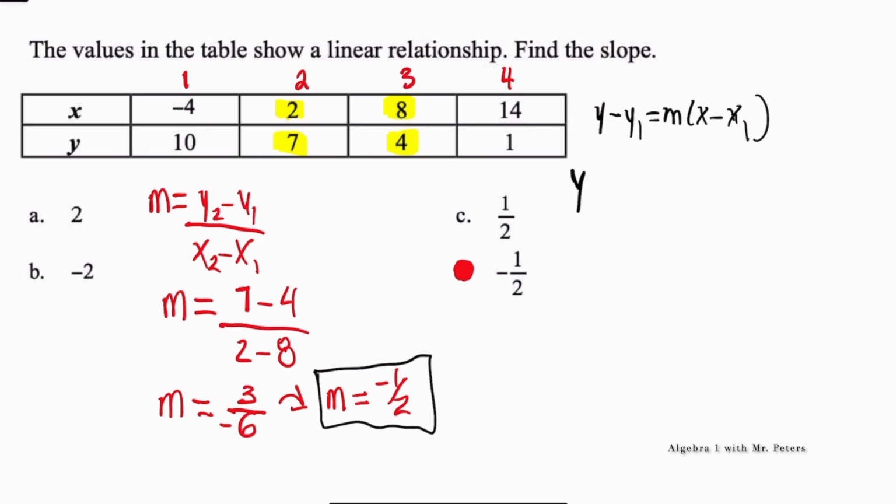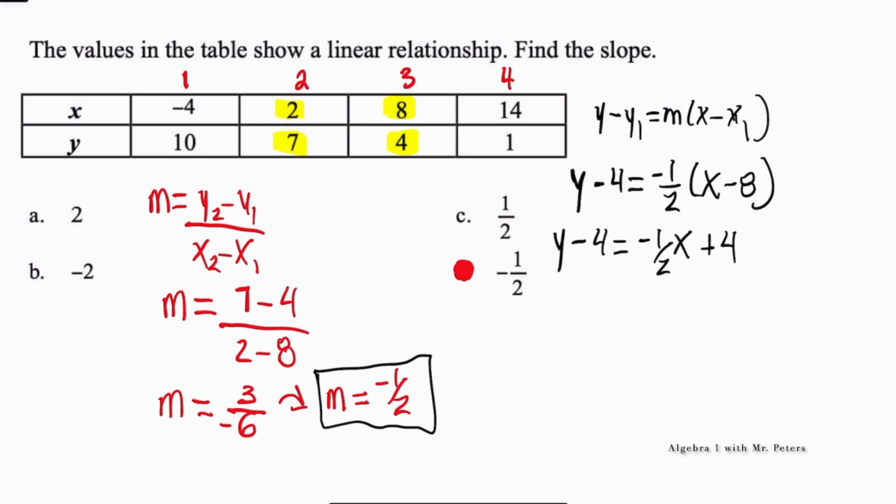So we have y minus 4 is equal to negative 1 half times x minus 8. Now I go through and simplify. y minus 4 is equal to negative 1 half x plus 4. Simplify by adding 4 on both sides to get y by itself. y is equal to negative 1 half x plus 8.